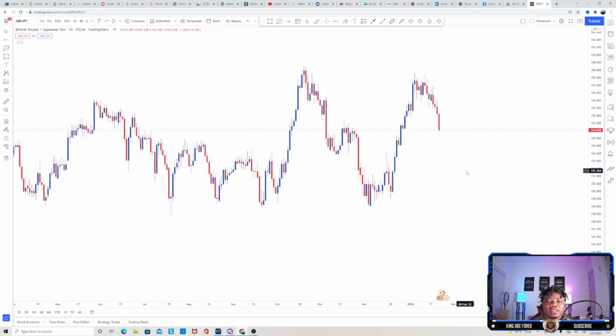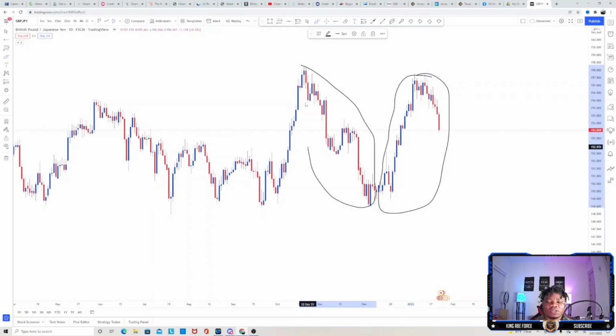Our highs, that's our supply, and our lows, that's our demand zone. And we're going to be taking a look at this buy right here, and also this sell. Those are the two examples that we're actually going to be looking at today in this video.